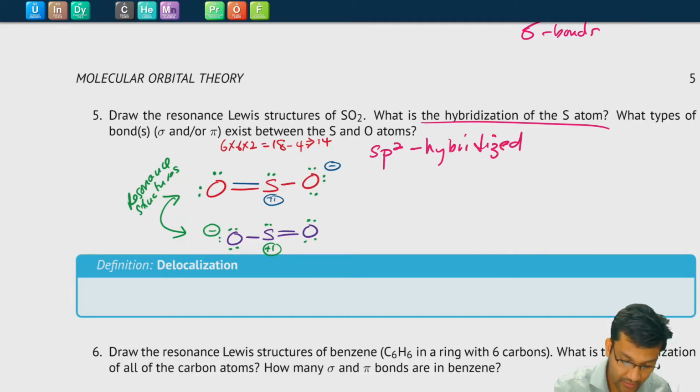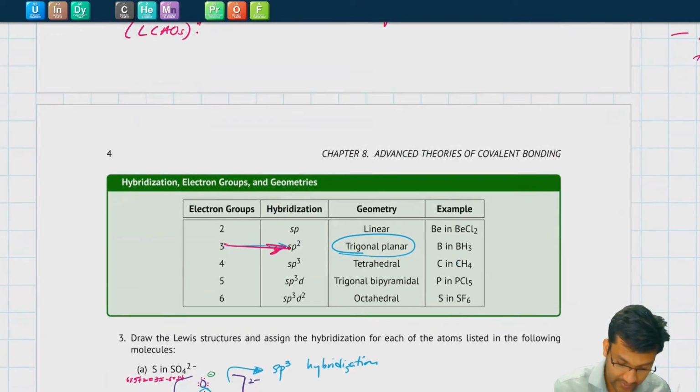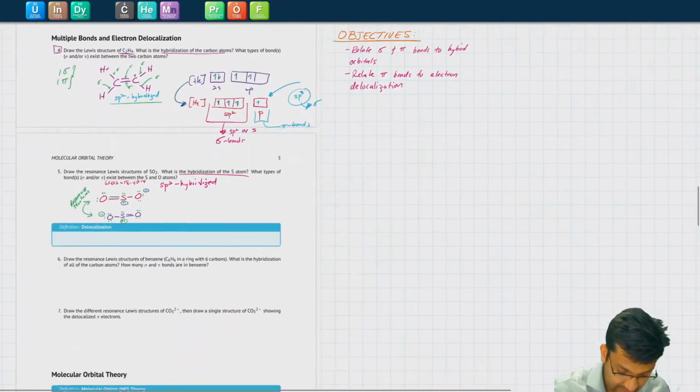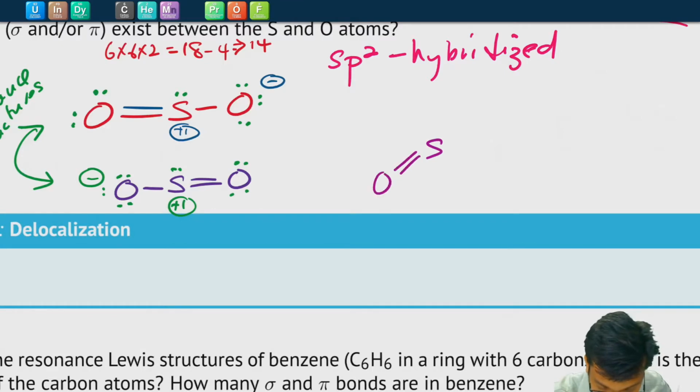Right, 3 electron groups according to our table above, all the way here, is sp2 hybridized, which means it's a trigonal planar structure, which means the fact that I drew it as a straight line is incorrect. It's actually a trigonal planar. So if I were to draw it properly, it would probably look like this, with the lone pair sticking out in this direction. So it's kind of a bent geometry, if you will.